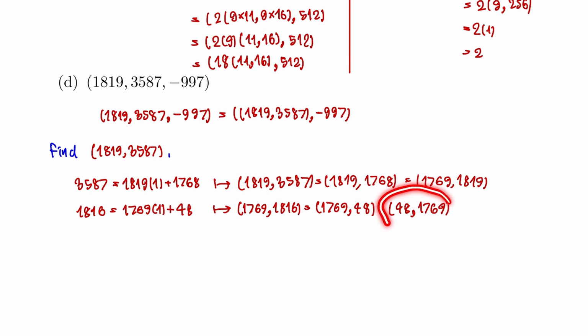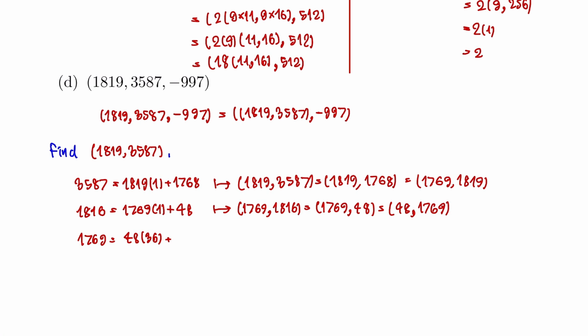Now let's find the greatest common divisor of these numbers. We divide 1769 by 48. Multiply by which number? Let me choose 36. 48 times 36, so what do we have here?